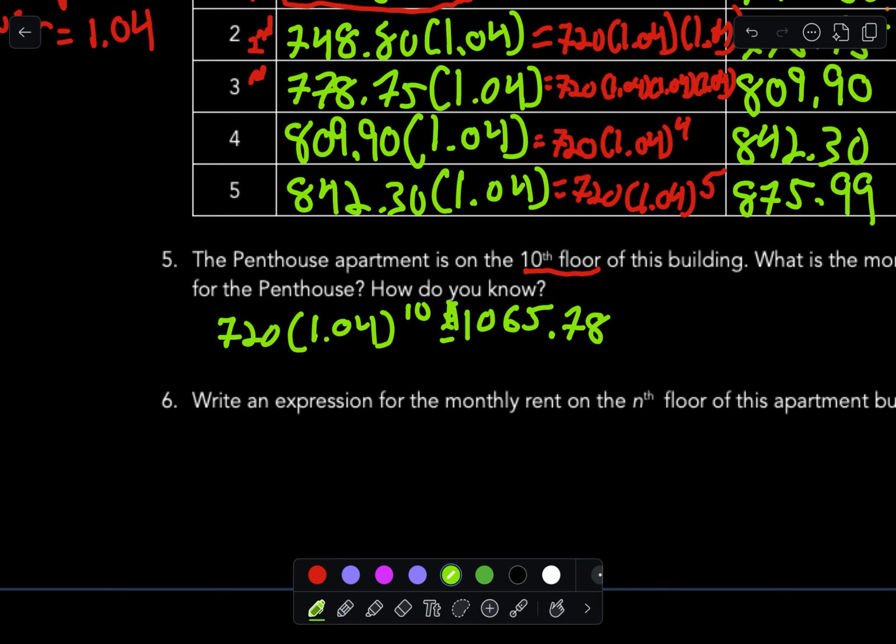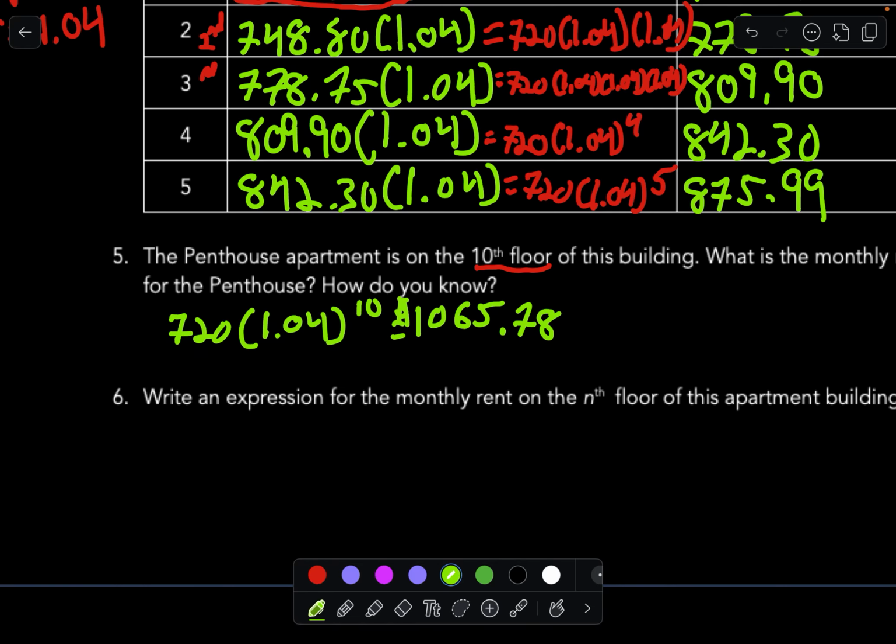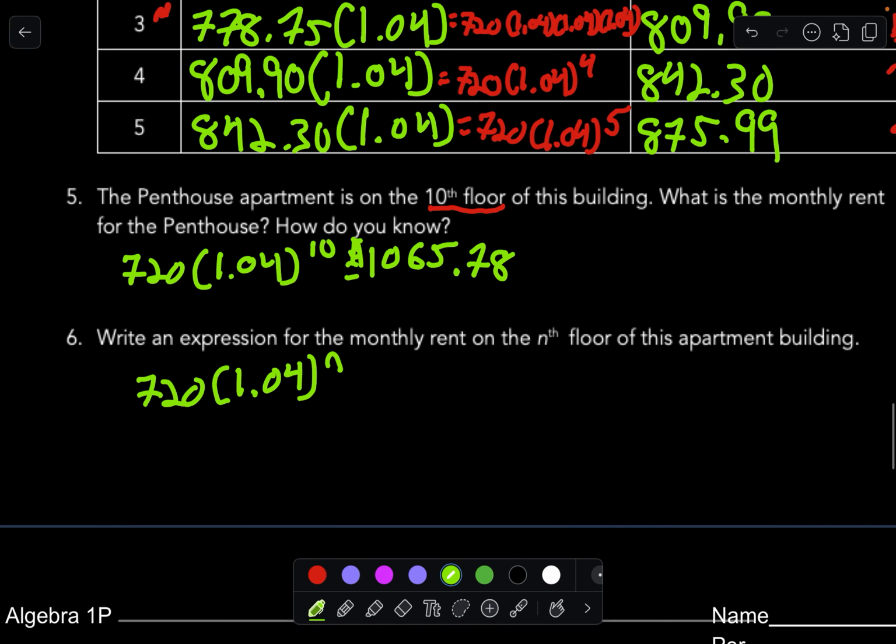Now, we can write an expression by looking at this for the monthly rent on the nth floor. That means any floor. And so the expression would be the amount on the 0th floor times 1.04 to the nth power. And this is the rent.